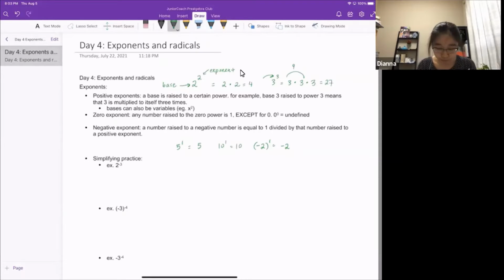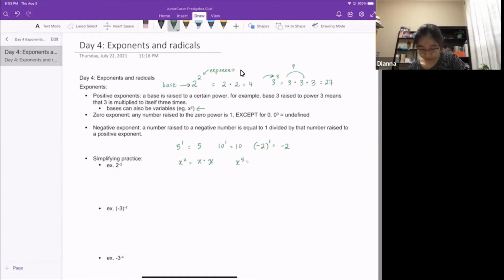And then, okay, at this point, bases can also be variables. So here I have x squared. This just means I have x multiplied by itself, so that's just x times x. What if I had x to the fifth?